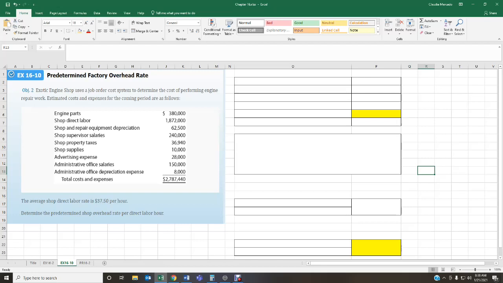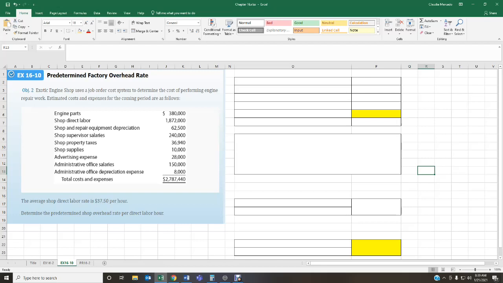Everything else would be overhead. Now we have to be careful here because they're also giving us some administrative costs. These administrative costs do not fall within the actual making of the particular engines or whatever it is that they're manufacturing in this case.